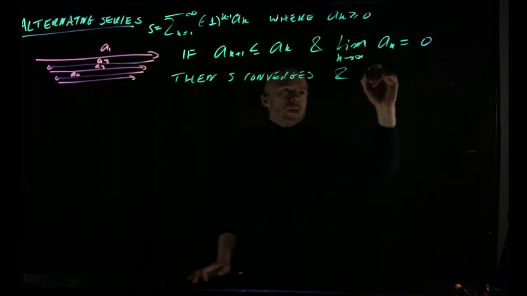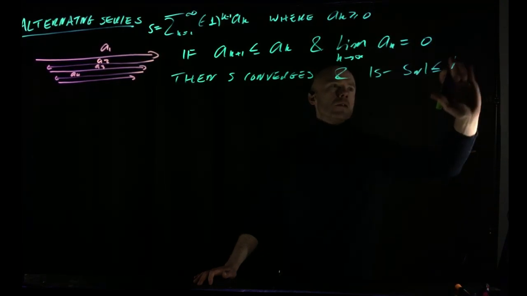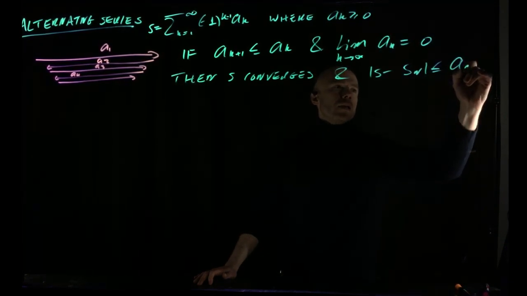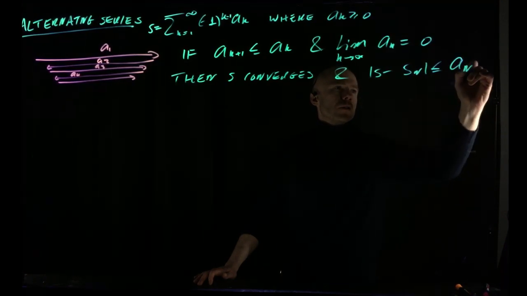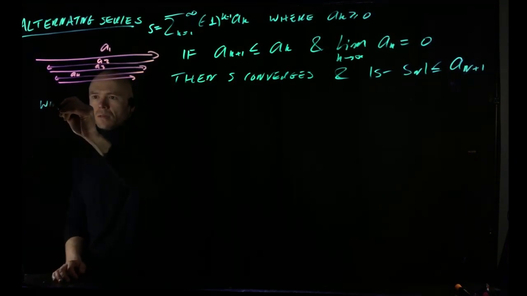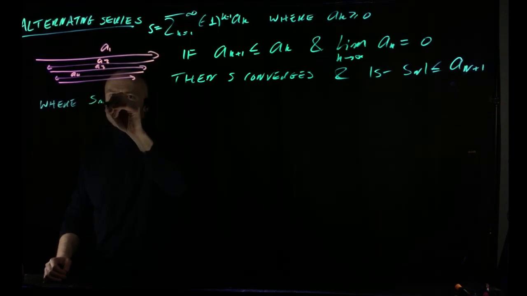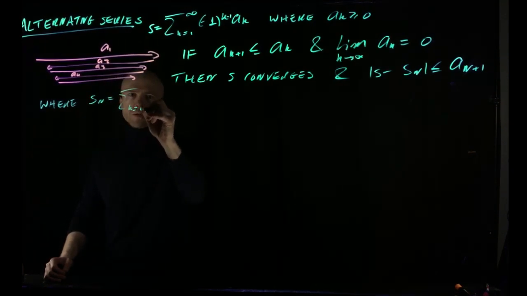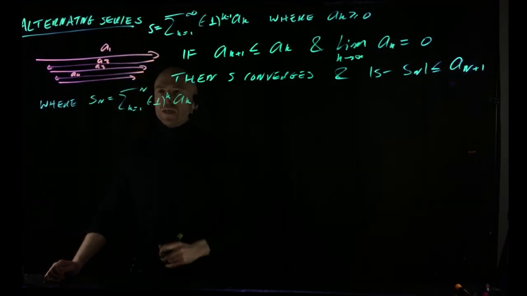And we even know that S minus S_N is less than a_{N+1}, where S_N is the partial sum, k equals 1 up to capital N, of minus 1 to the k, a_k.